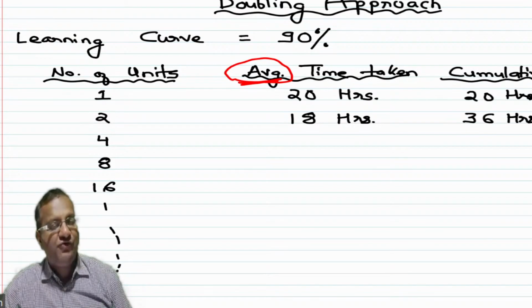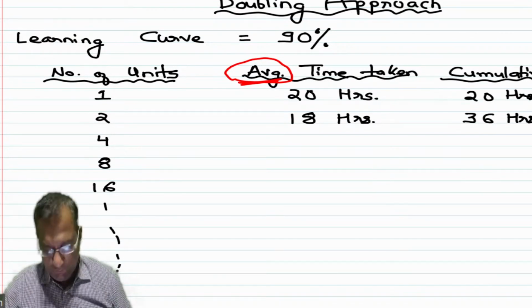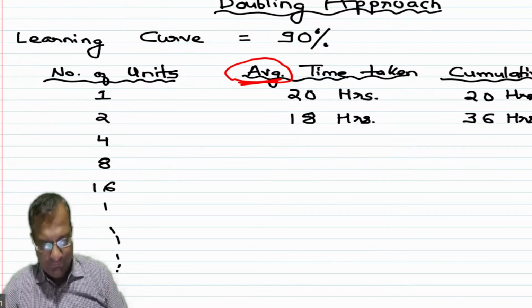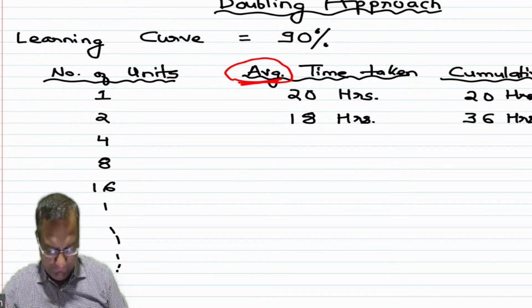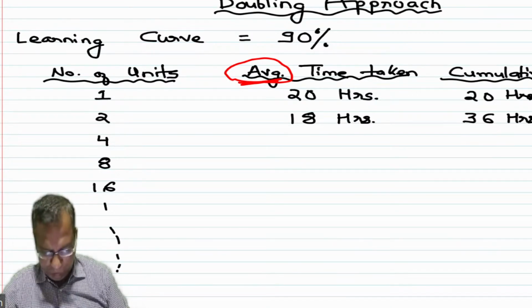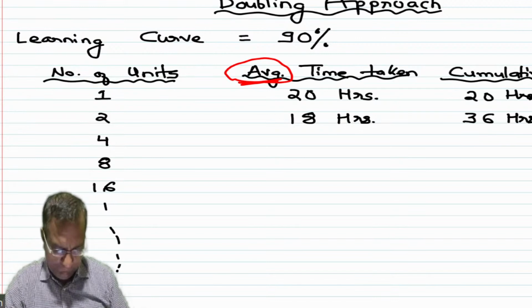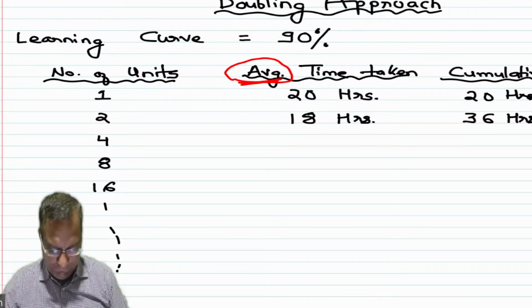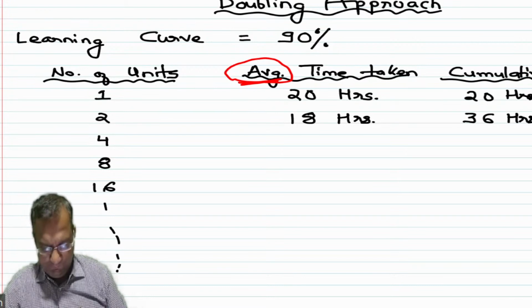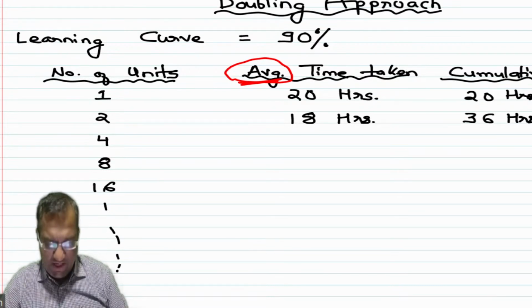Now, other student, please tell me the average time taken by unit number 3 and 4. The average time taken by unit number 3 and 4.